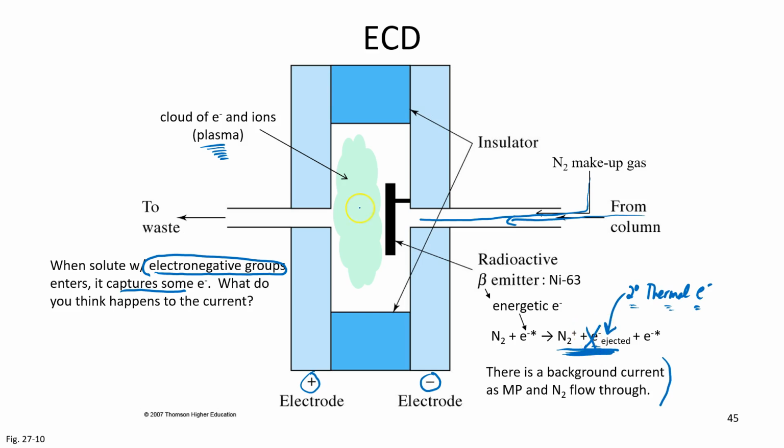So now we have fewer electrons in this plasma, and let me ask you, how is that going to affect the ability of that plasma to conduct the current across these two electrodes? Or in other words, what do you think happens to the current with fewer electrons here? Well, I think you're probably right. You probably guessed that the current decreased. So that's the response that we're measuring.